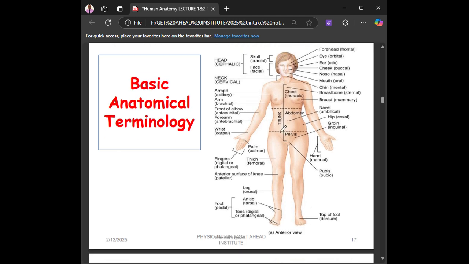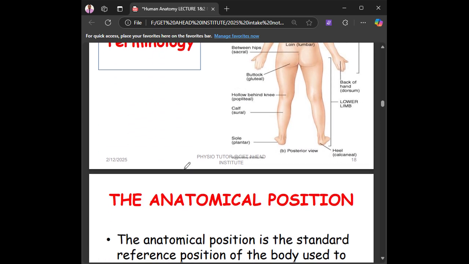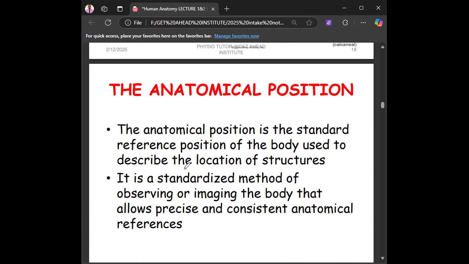Now let's start talking about basic anatomical terminologies. We'll start with the anatomical position.